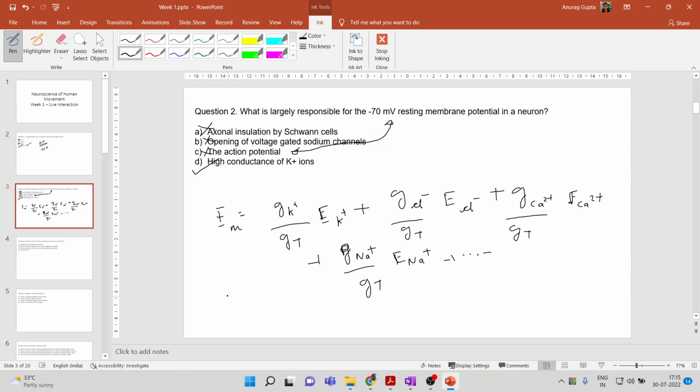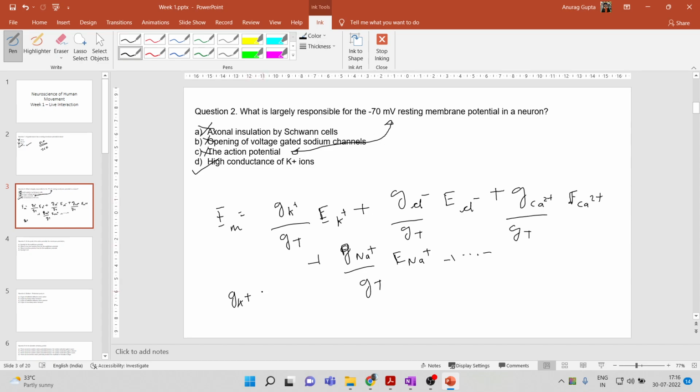So here GT is the total conductance. Even before discussing that, let me discuss what is GK plus. GK plus is the conductance of the potassium ion across the cell membrane. Resistance is the amount of opposition. Similarly, conductance is with what ease the ion will move across the cell membrane.